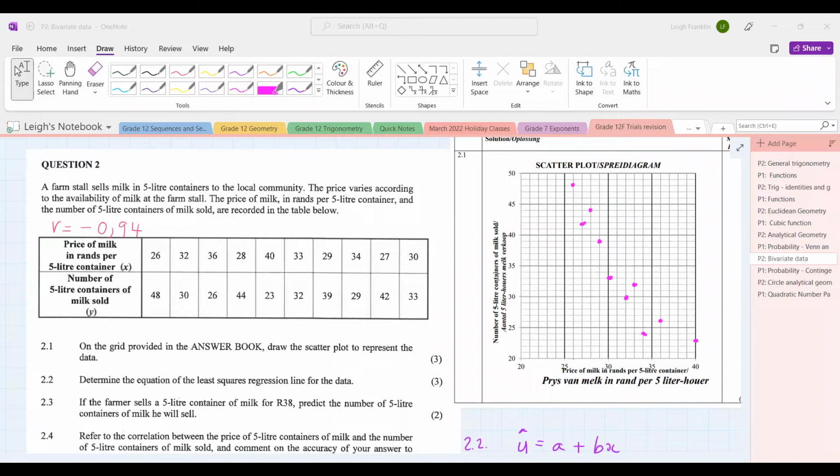That makes sense to us because people are not going to buy 50 litres of milk in one day. Milk goes off, and even a family of 5 or 6 people would probably consume 2 litres in a day, maybe 3 litres at the absolute most. So as it becomes more expensive, people are buying less and less.